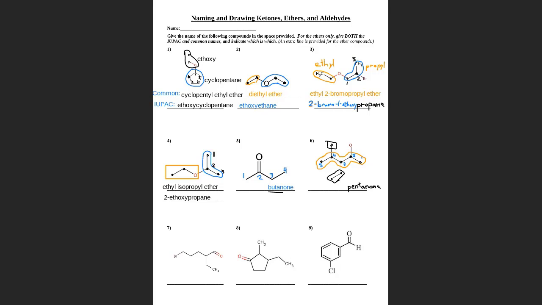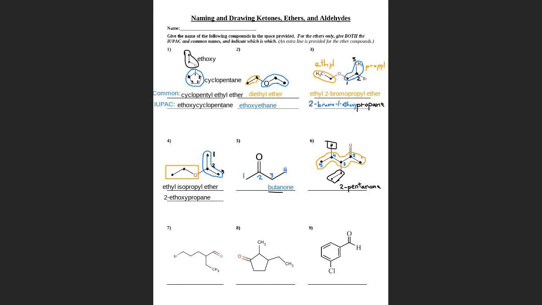Yes. What would the number be? 2. Mm-hmm. Yeah, so you would get a number. In this case, it would be a 2. So 2-pentanone. Now I have to include my branches.